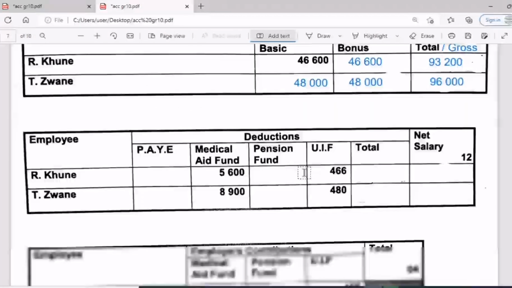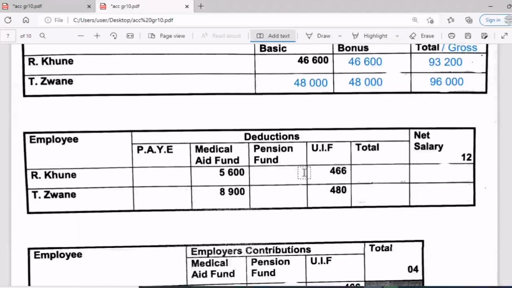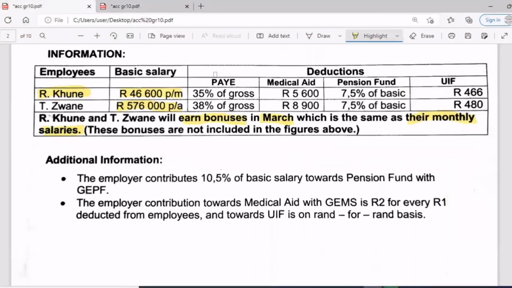So now let us do the deductions part. Pay as you earn. We're going to start by calculating the pay as you earn for Kune. So we go back to the additional information. Pay as you earn for Kune is calculated at 35% of what? Of the gross salary.